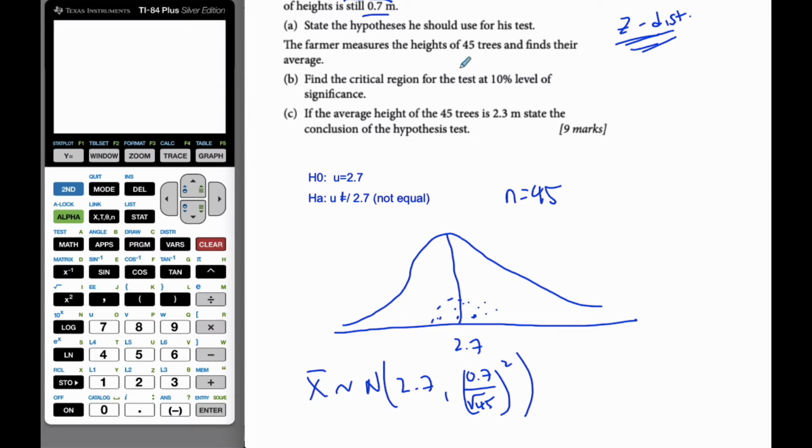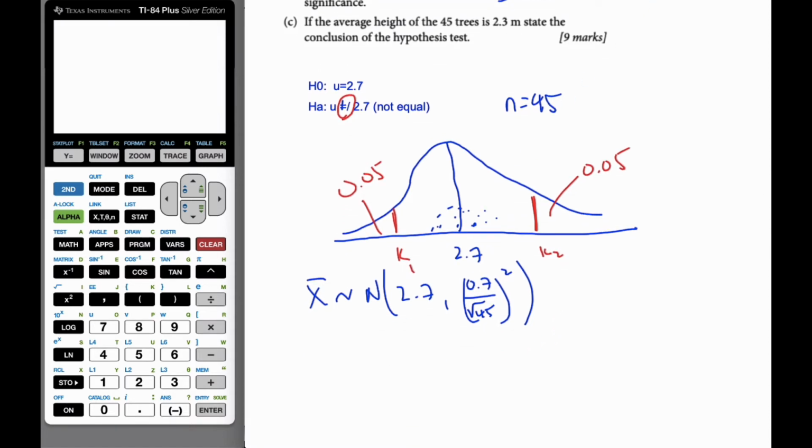And so I want to find the critical region at 10%. Well, because it's not equal to, it's a two-tailed test, and this is perfectly symmetrical, even though my diagram is not very good, where this is 5% and this is also 5%. And so I'm looking for this value k1, and we'll call the other k2. I'm going to find the probability that x bar is less than k1.